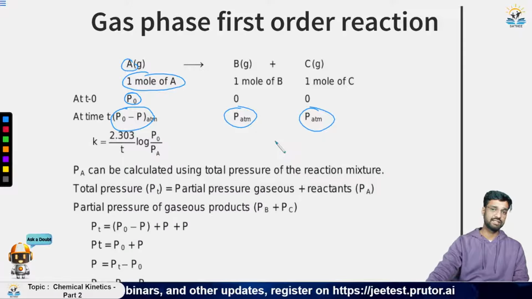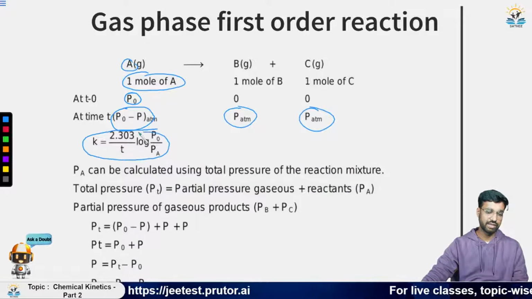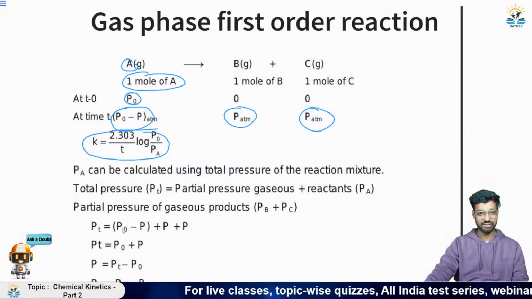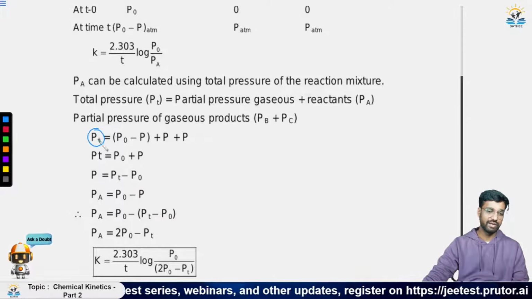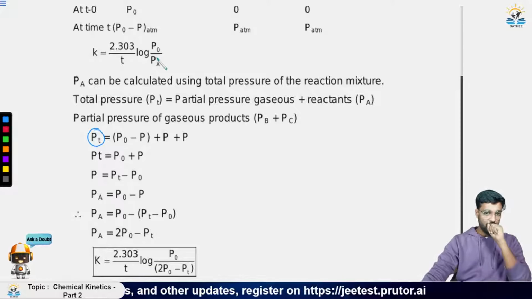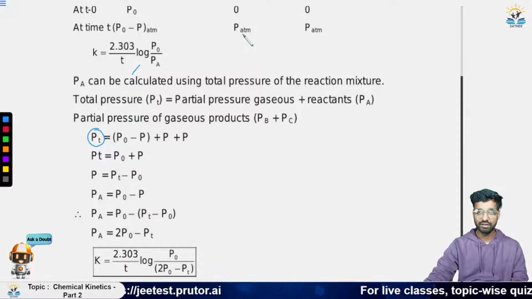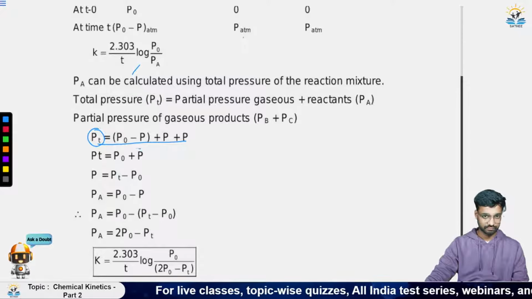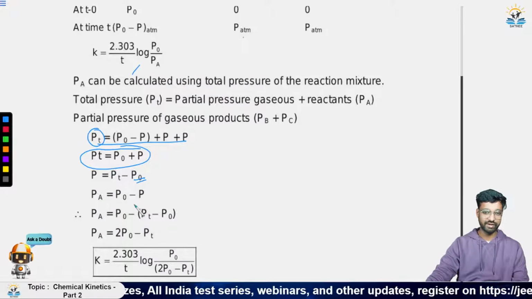Now if it is a first order reaction, then we know very well that the rate law is given like this, K equals 2.303 by T log P naught by PA. Now if you further simplify this, we use the simplified form only for our numerical calculation. So if you calculate the P total at time T, it will be equal to P naught minus P plus P plus P. Then you will get P equals Pt minus P naught.